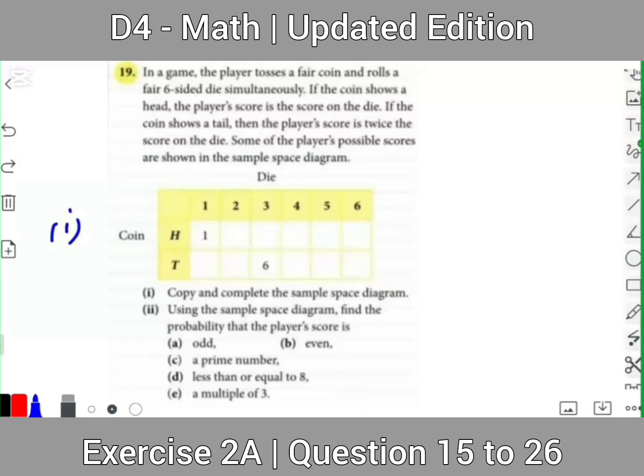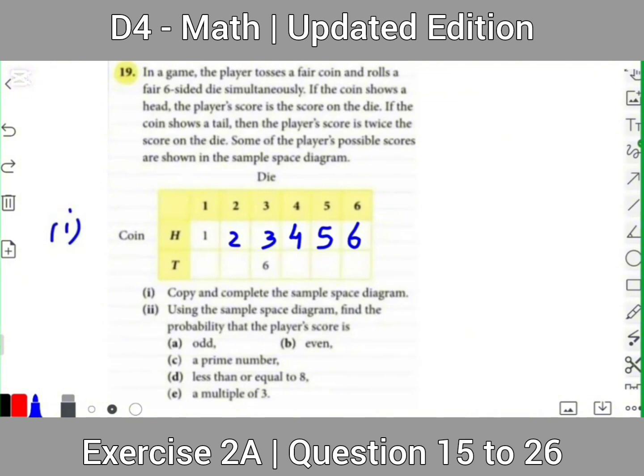Since it is given that if the coin shows a head, the player's score is the score on the die, if we have head, then the die shows 1, 2, 3, 4, 5, and 6 on a fair six-sided die. And if the coin shows tail, then the player's score is twice the score on the die.